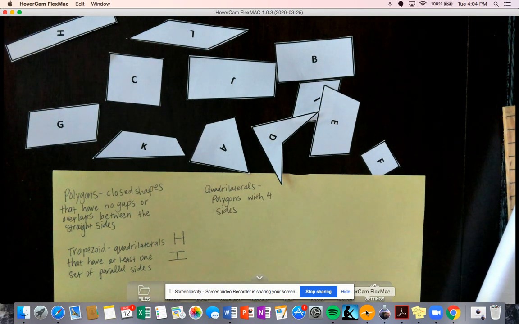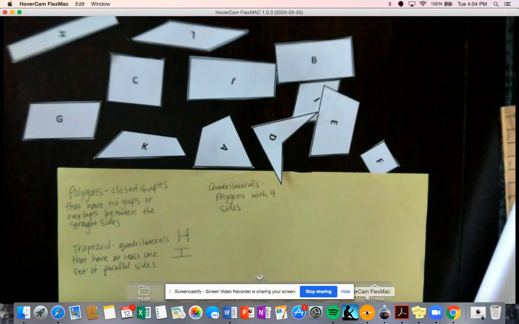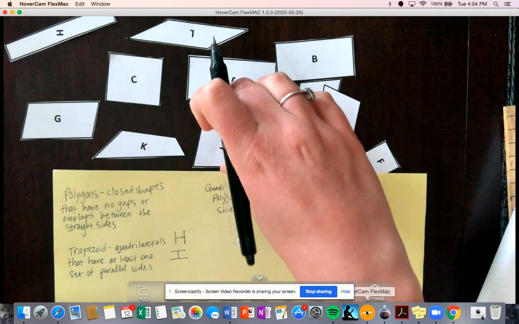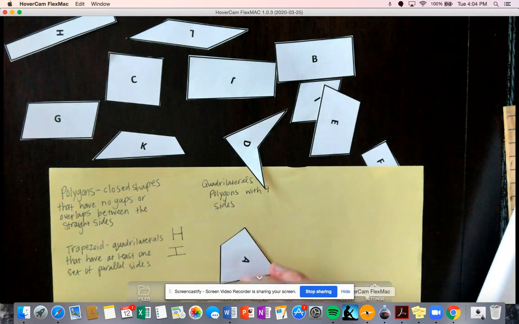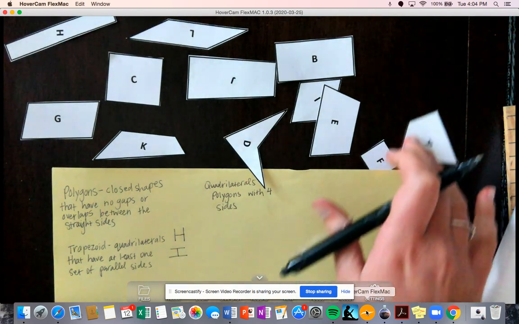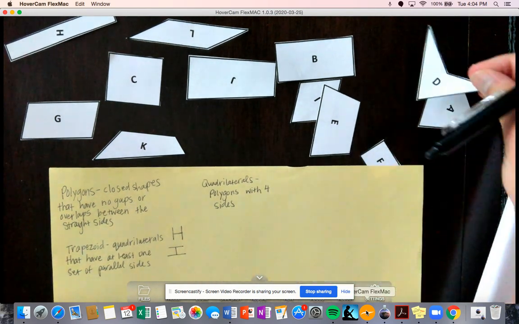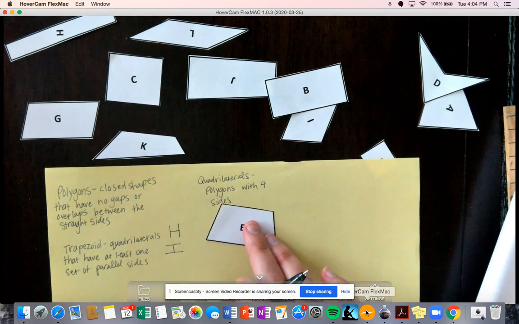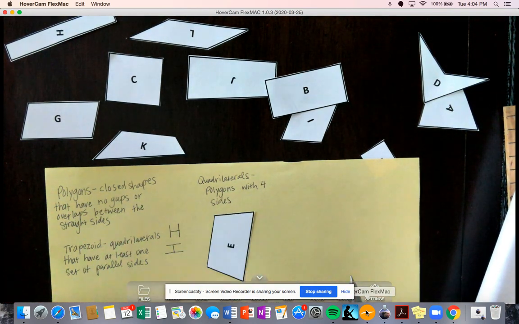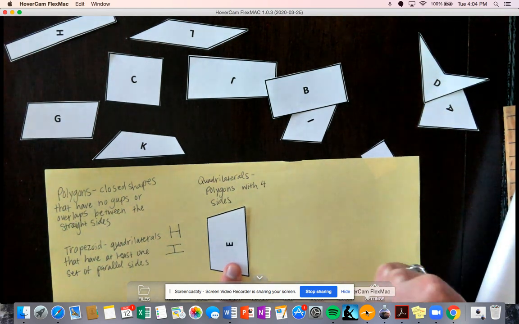Okay, so I'm going to look at each shape and see if I can find one set of parallel lines. So looks like none of these look like an H, so not A, not D, E. So if I turned it this way, I could see that these two lines are never going to touch.